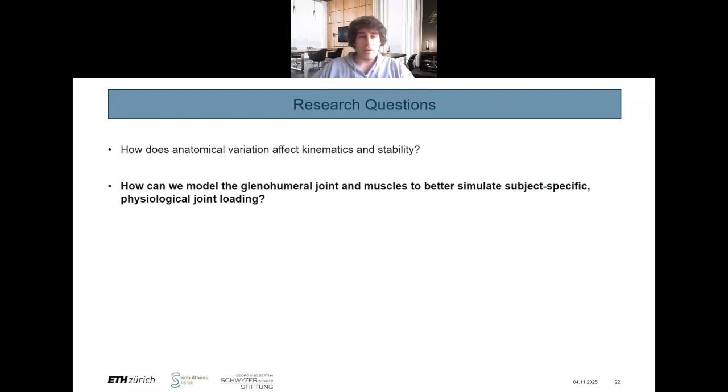Yes. Good point. In terms of the effect of age, we did not investigate this. We have the data and we could also include it in the model. One of my students had run an analysis, and we did find that, interestingly, age seemed to impact the joint size. So glenoid height seemed to correlate with age, which was interesting.